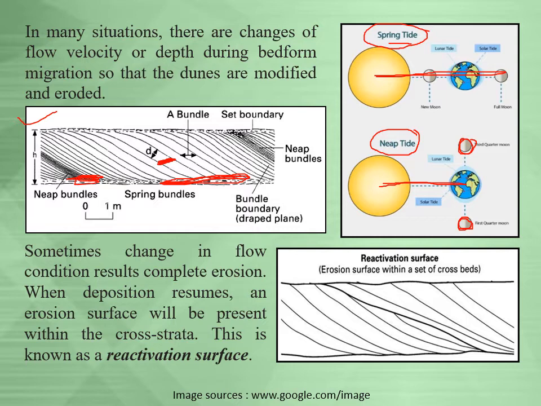So these closely spaced cross laminations indicate the neap tidal cycle, known as neap bundles, and these distantly spaced cross laminations are known as spring bundles that result from spring tide.